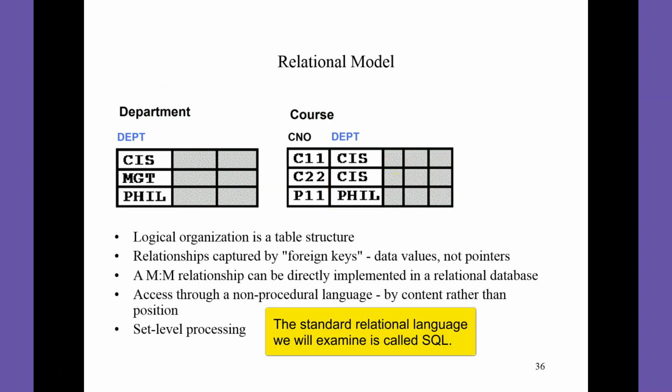Access is through a non-procedural language where we refer to what we want based upon values or content rather than by proceeding through a navigational process. Furthermore, we achieve what is called set-level processing rather than record-level. Very significant difference, and we'll talk about this and benefits of this as we continue our examination of relational database throughout the course.